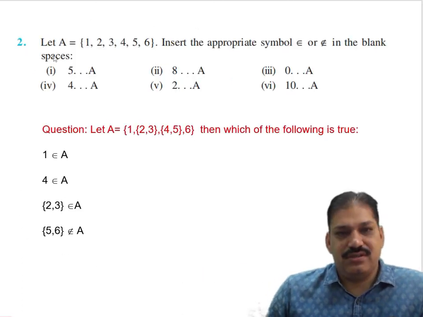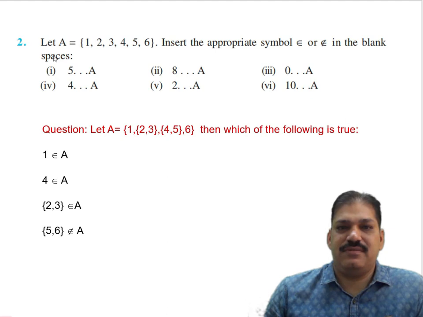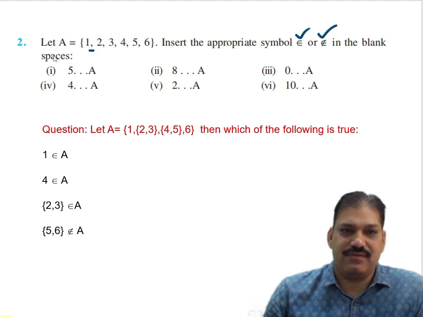Now we have a question. We have to put the appropriate symbol, belongs to or does not belong to. This is our set: 1, 2, 3, 4, 5 and 6. There are 6 elements in this set A. So we have to check whether 5 is an element of the set A or not.